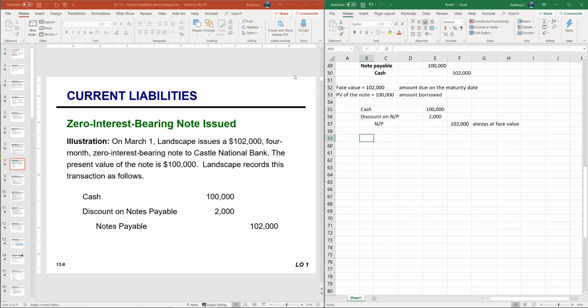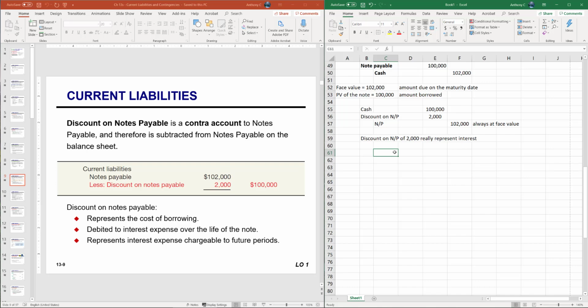After we've recorded the discount, as we kind of talked about earlier, the discount on the notes payable, this $2,000 really represents interest. Right? And in particular, we mentioned over the life of the loan, we're going to amortize this discount.